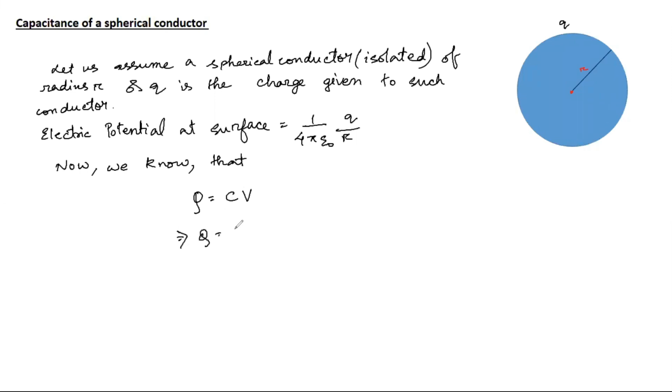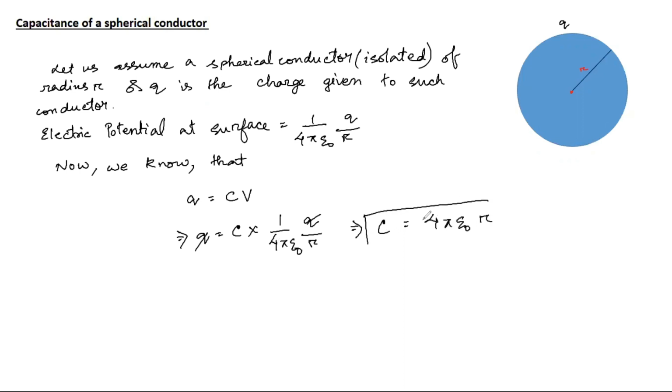Now in place of V, we replace it by this expression, which is 1 by 4 pi epsilon naught, q by r. Instead of capital Q, let's consider small q, because we have assumed a charge small q. So q gets cancelled, and you have the capacitance relation C equals 4 pi epsilon naught r.